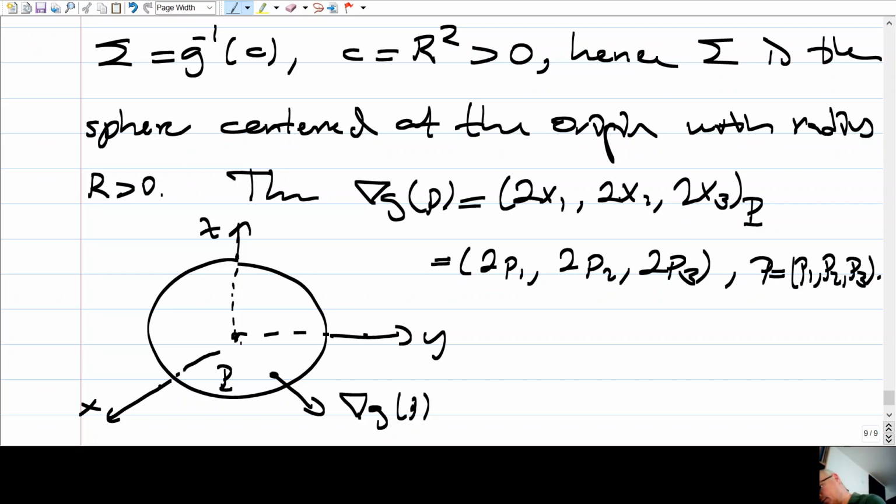Okay. So our tangent space is something like this. Okay, and this is normal to the tangent plane. All right.